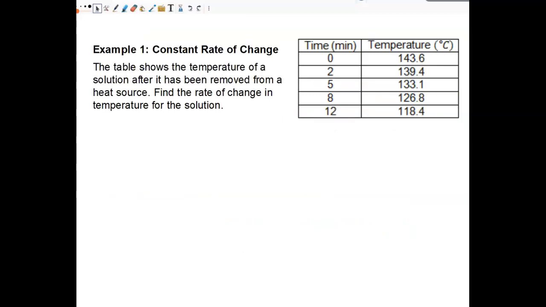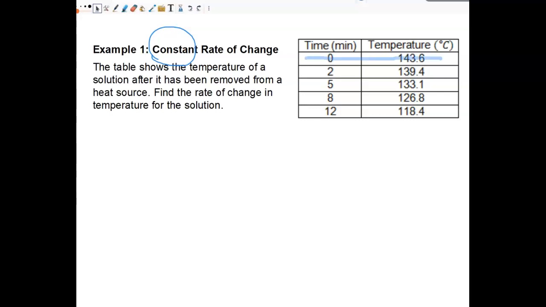Example number 1, we want to look at the constant rate of change given the table. It says find the rate of change in the temperature for the solution. Since the temperature is changing at a constant rate, that tells me it is equal, so I could pick any 2 points.